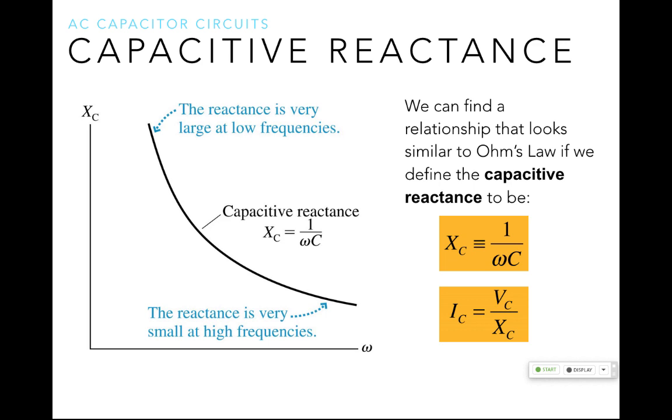This is the maximum voltage across the capacitor. This is the maximum current across the capacitor. But they don't happen at the same time. So it's very important to remember when we use the uppercase stuff, this is not for the instantaneous value. At any particular time, your voltage and current are not related like this. This is just telling you how your peaks are related to plot the graph.